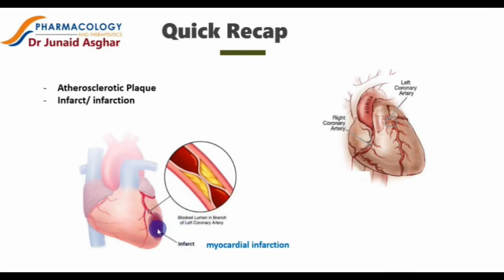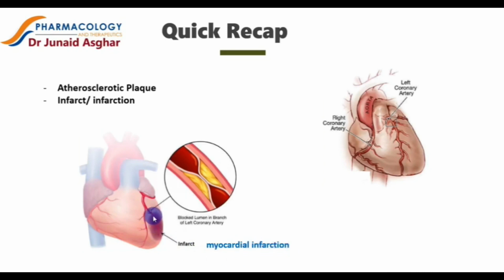Now, infarct is that dead area of the heart muscle which has occurred due to the cessation of blood, or in other words, cessation of oxygen and nutrient supply to this area of the heart. And this could lead to the death of this part of the myocardium, and we call it myocardial infarction.